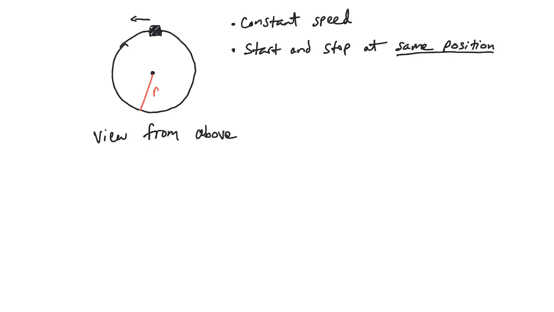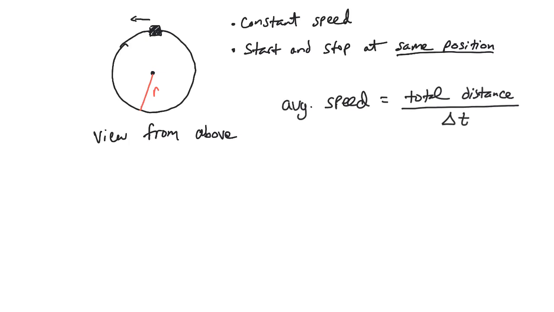Number one, figure out the average speed. Just do this in terms of variables. So we get total distance divided by total time, or time interval, which we'll just use the variable delta t for that. But what would go here for total distance? I'll let you figure that out. You're looking at a circle. And then also calculate in variables the average velocity.